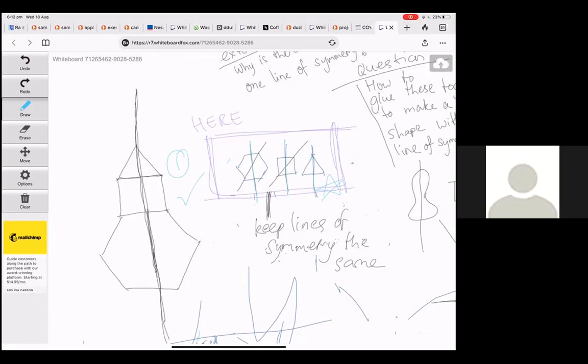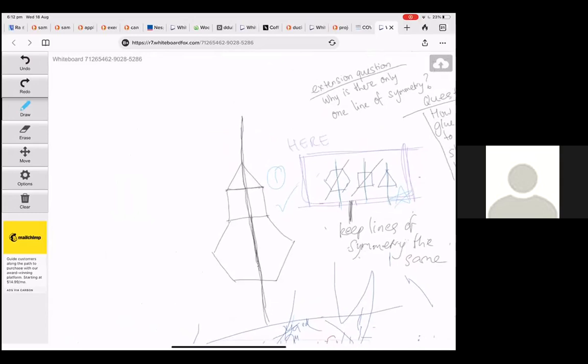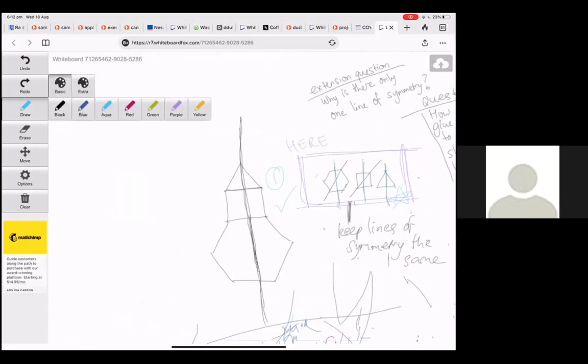Can we do another one? So again, we need to just keep the lines of symmetry the same. Let's start with the triangle again, just because we did that last time. We could start with any shape really, but let's just start with the triangle.